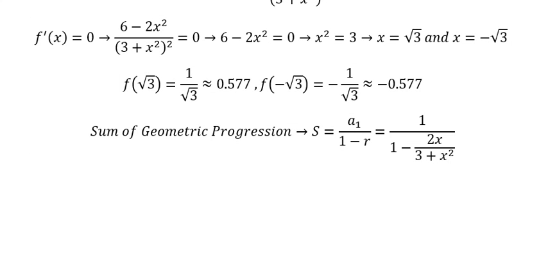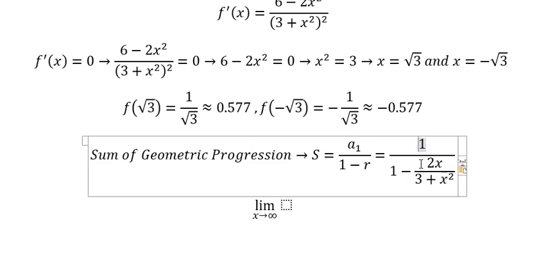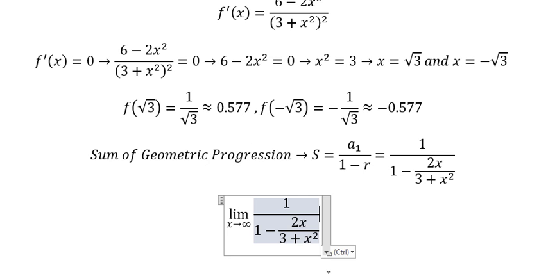So in this situation, they want to find the limit as s approaches positive infinity. So I will put this one in here. As you can see, 2s is degree 1. This is degree 2. So this one is bigger than this one.